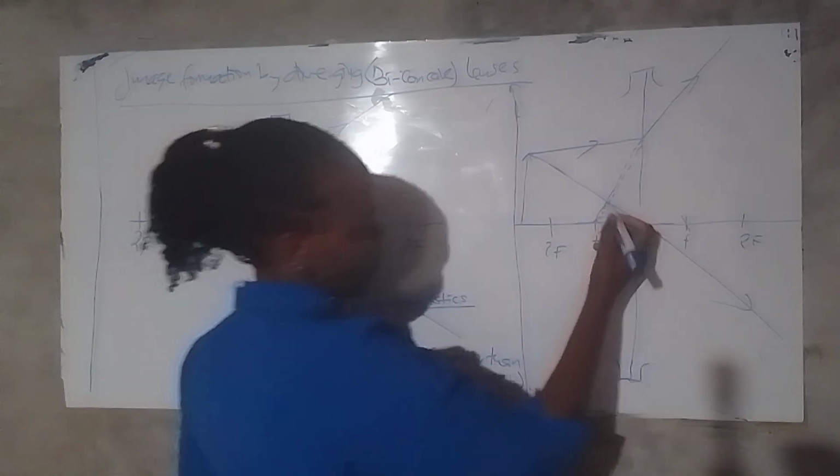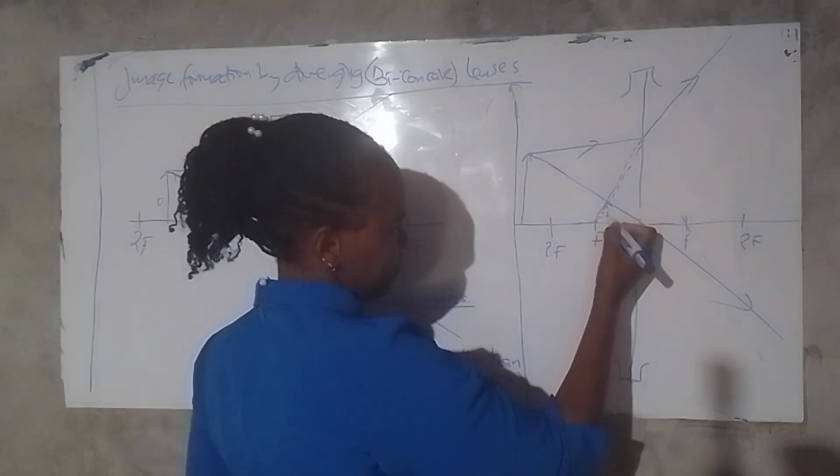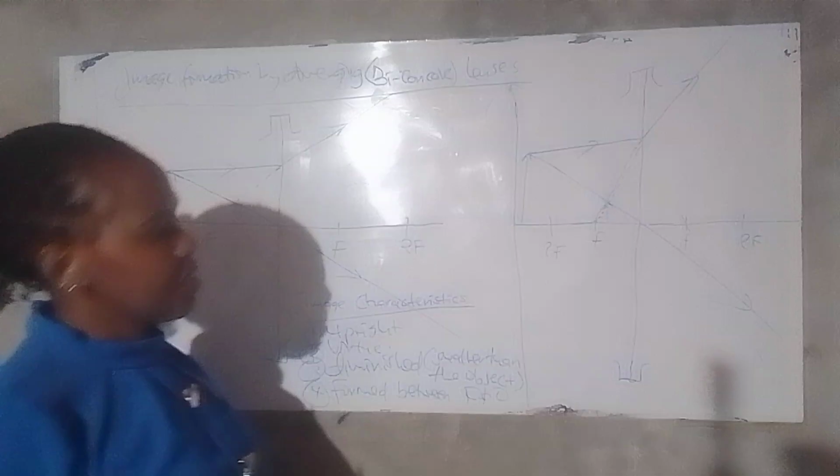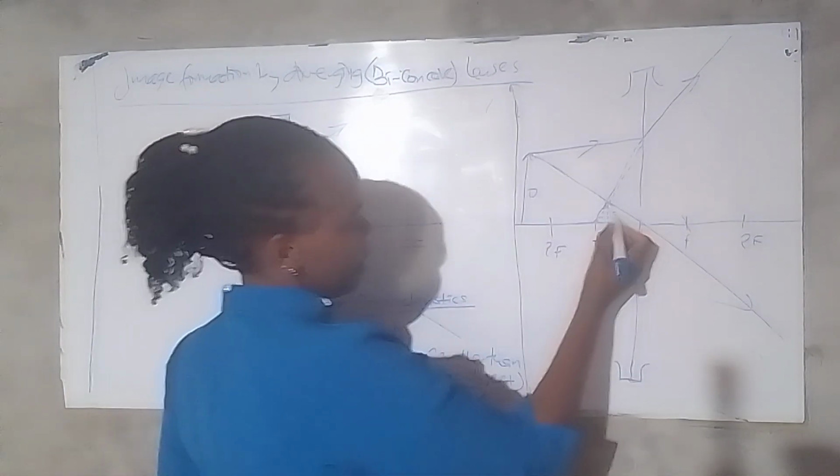So where do they meet? Of course, they meet somewhere there. Okay, so that's our object and that's our image.